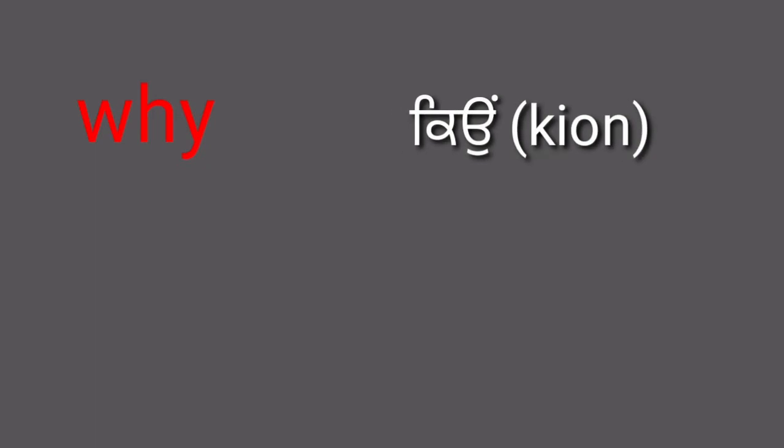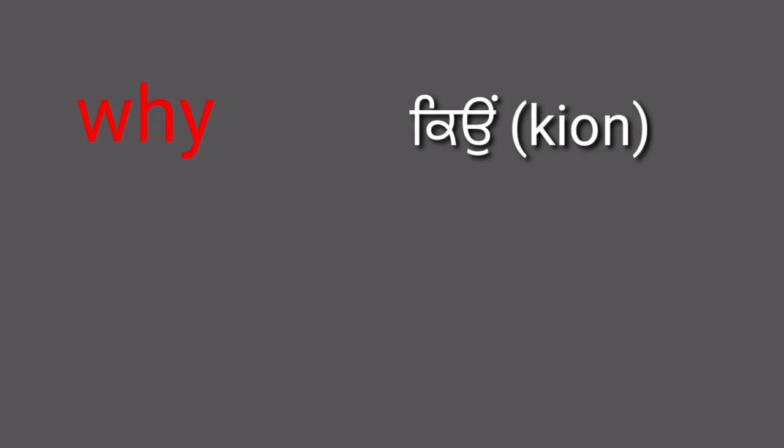So first, we're gonna look at the word why. In English we say things like why did you do that. So what can you use in Punjabi? One word is kyon, and you would see it in books, even when people are talking. Why means kyon in Punjabi.